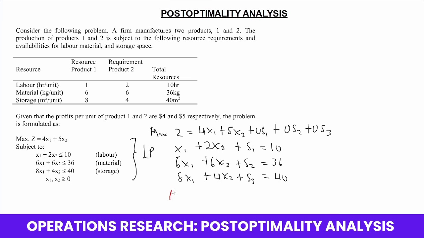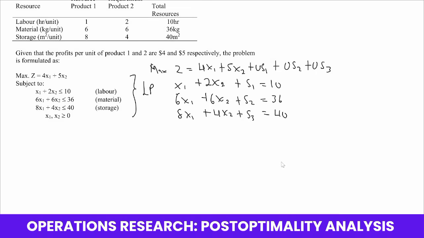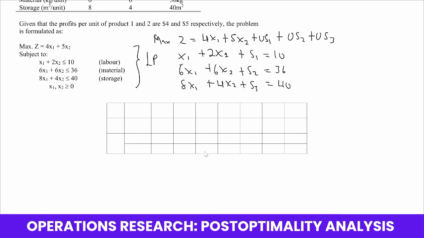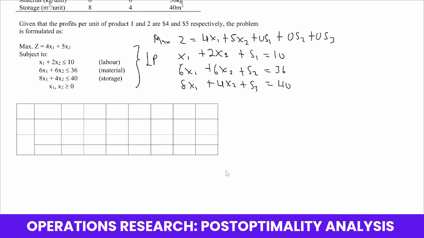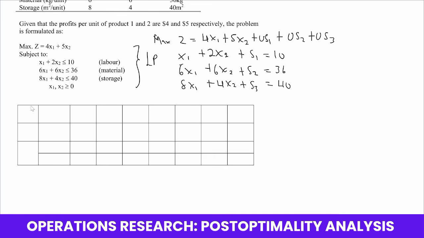So let's quickly draw our simplex table. We have our CJ here, and in the CB here we have our basis. We have BI, X1, X2, S1, S2, S3.